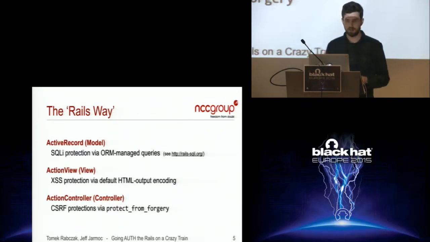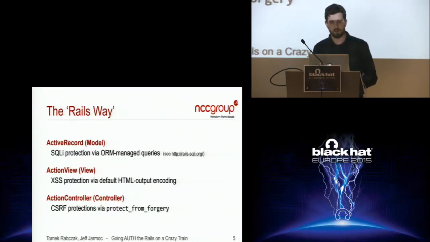So in Active Record, this is the model layer. You're going to get a lot of things by default, like SQL injection protection. There are a lot of ways that can go wrong, but you have to go out of your way for that to happen. We have a link up here to railssqli.org. That's a resource we use pretty regularly to make sure that when we're assessing code, these are the possible ways that it can go wrong, and these are the things that we look for.